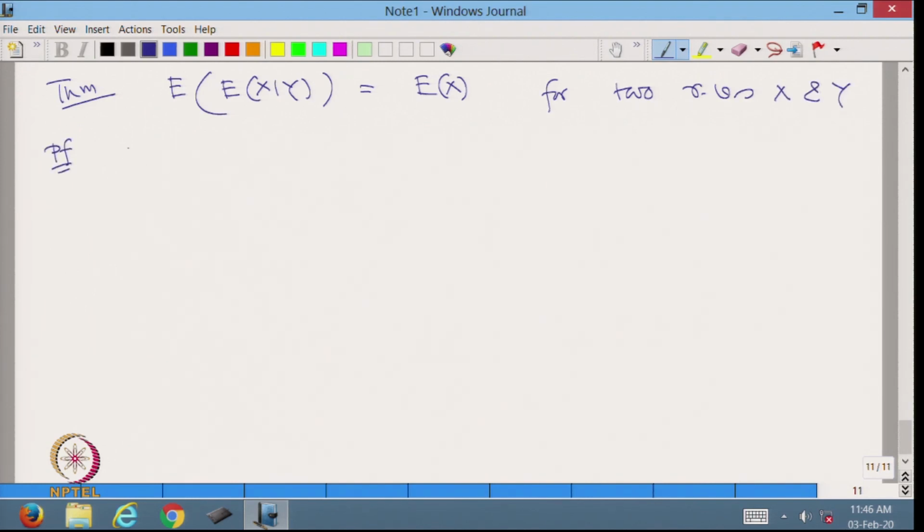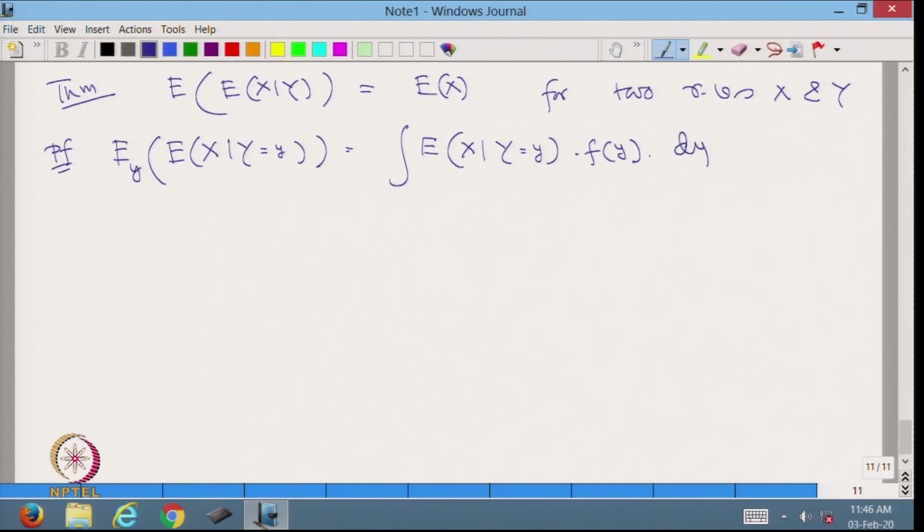Proof: expected value with respect to y of expected value of x given y is equal to integration of expected value of x given y is equal to y multiplied by fy into dy.